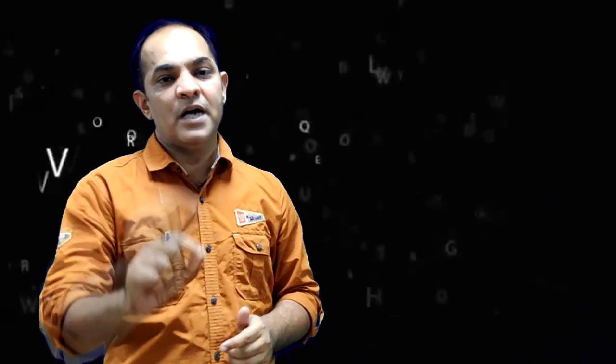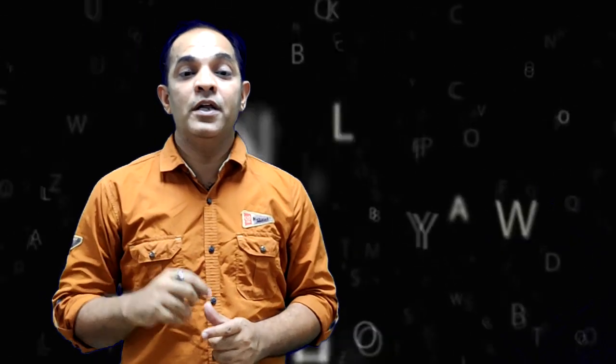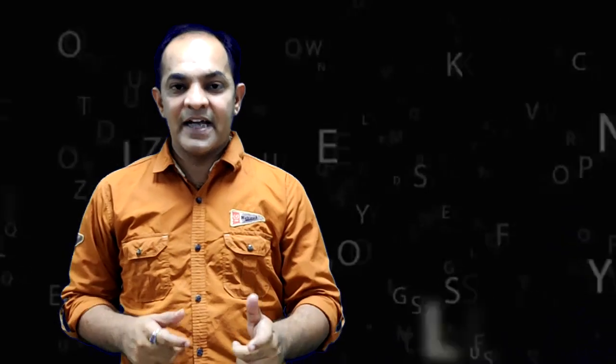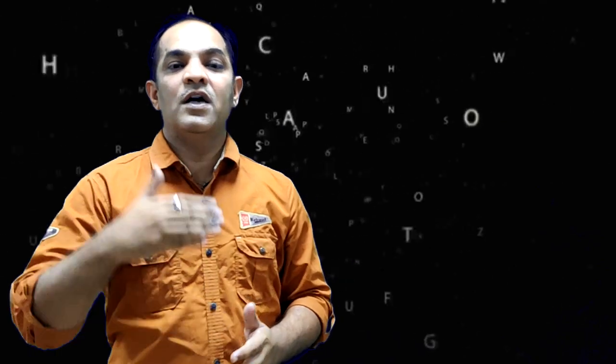The last formation is WH. WH plus shall/will plus subject plus root verb, then object, other words, question mark. This is the formation of active voice. But in passive voice: WH, after that shall/will plus object plus be plus verb in past participle plus by, subject, other words, question mark.